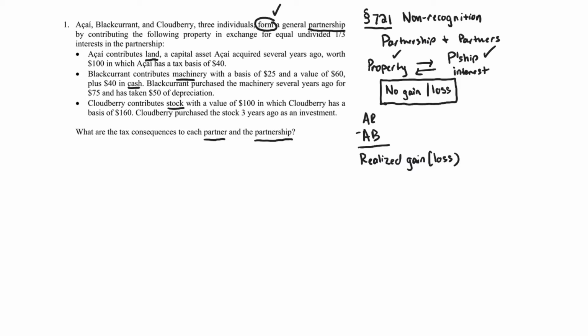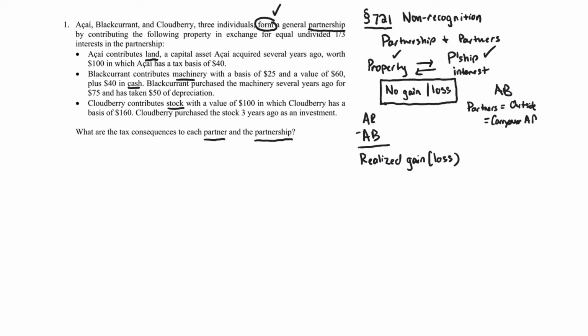Now, the other issue, as we know, non-recognition rules, all of them have a corresponding basis rule. So for the partners, which we label the outside basis, the outside adjusted basis in your partnership interests, this is going to be carryover.